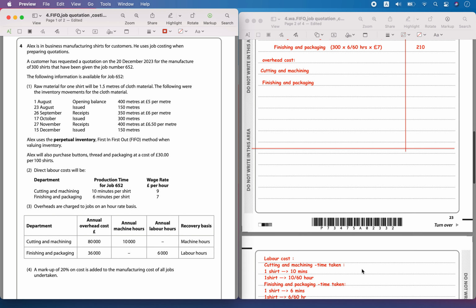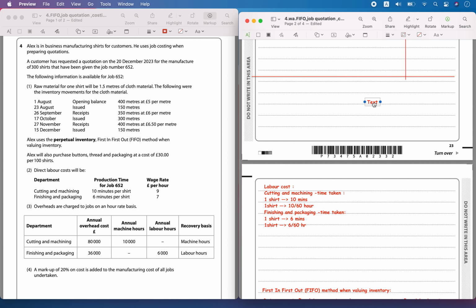So the overhead rate is equal to the total annual overhead cost divided by annual machine hours.